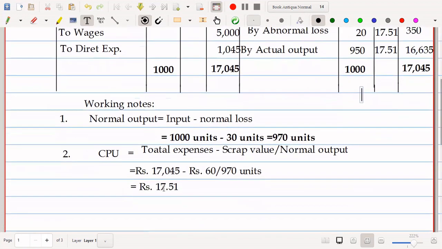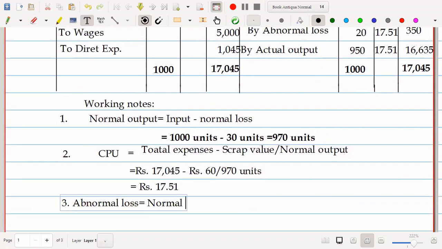Now we'll see the third working note, that is abnormal loss. I have told you that without applying a formula, we can know the abnormal loss. Still we have to write the formula in the exam.